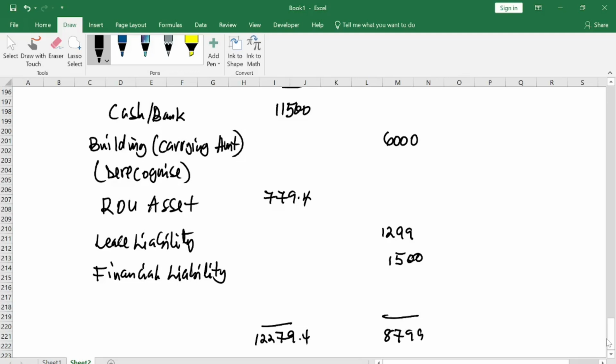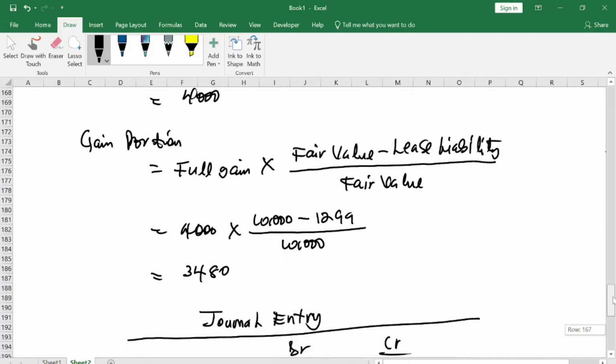Now the difference between them is how much? The difference at the credit side is 3,480. So this is where your gain on sale comes in. The difference is your gain on sale, which is the same as what we've calculated here.